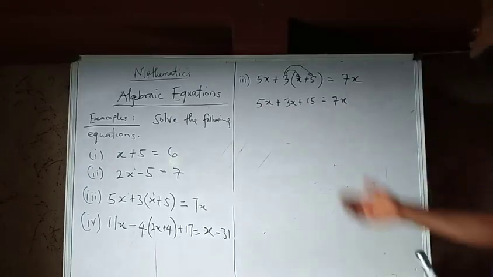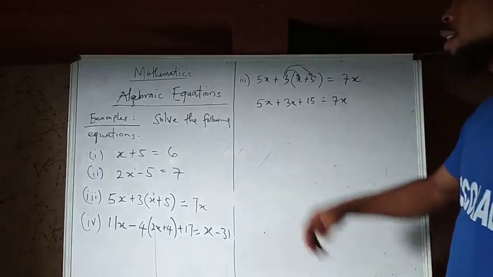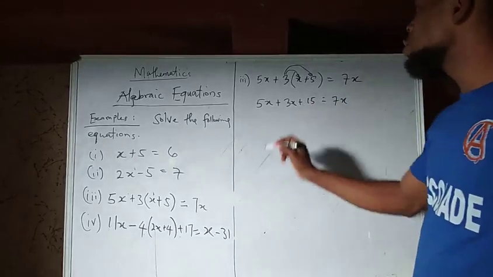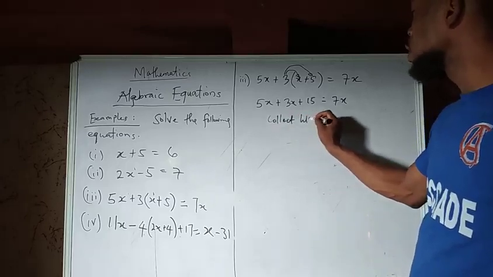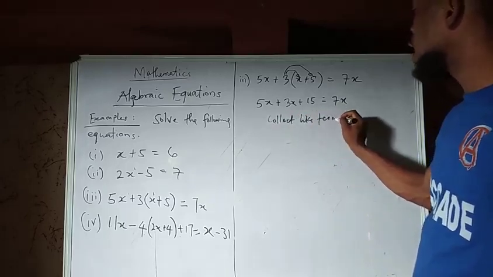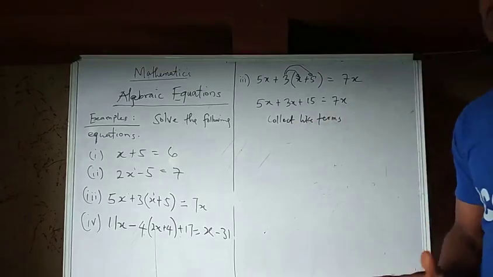Now the question is, what do we do in this case? We are going to have to collect all the like terms. What do we mean by collecting like terms?